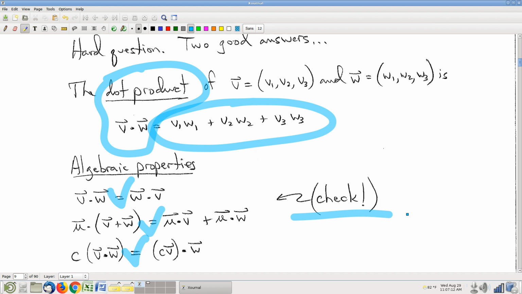So, certainly, let's go back to our philosophy. How do we make a definition? What's our motivation when we make a definition? Is our goal here, if only we had a way to kind of sort of multiply vectors in a way that allowed me to do algebra? No. Right? Algebra is a tool.